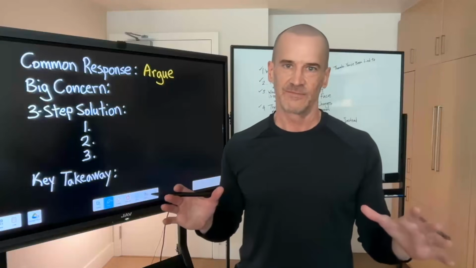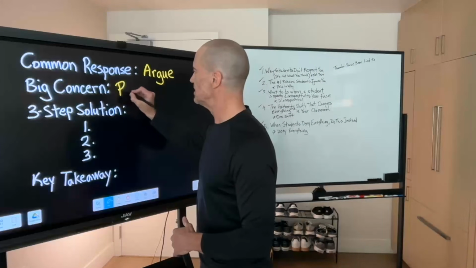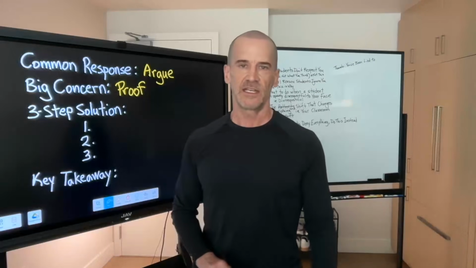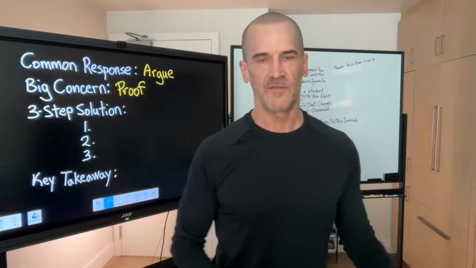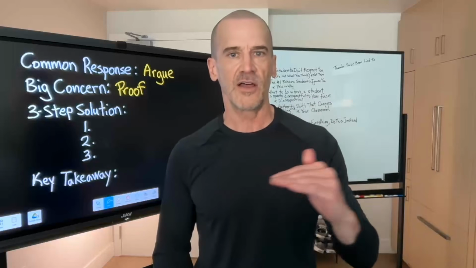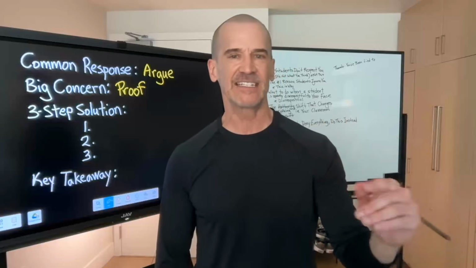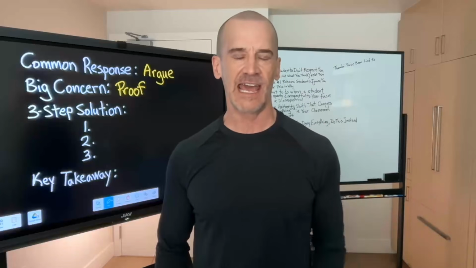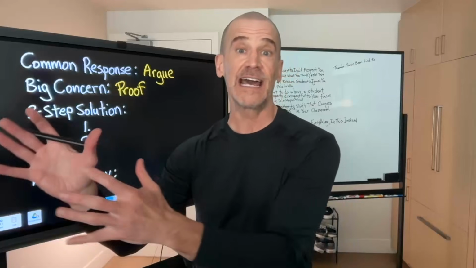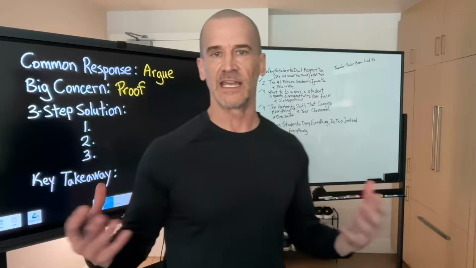No, you don't. The only proof you need, again, this is the big concern, the only proof you need is you. If you saw it, if you were a witness to the misbehavior, that's all the proof you need, and you don't need to explain anything to that student as long as you taught your classroom management plan, as long as that student knows that kicking the heels in front of him was breaking a rule.